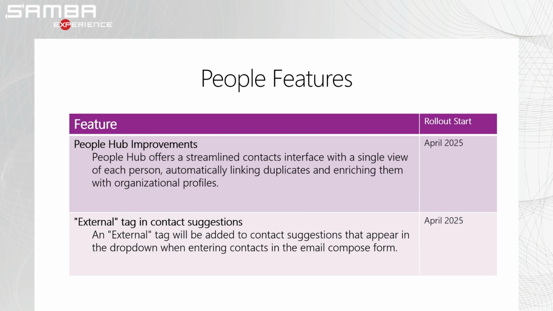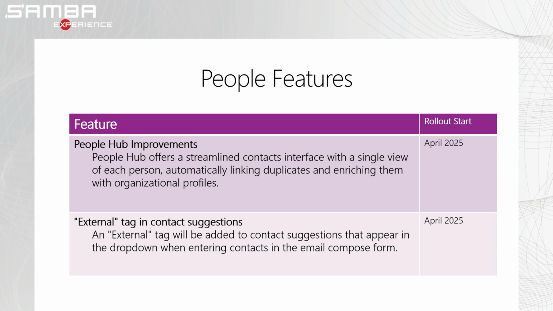Our roadmap has two features in the people space that I want to highlight. First is improvements to People Hub. They are rolling out in April right now, and there are multiple changes, improvements to interface and user experience there. So again, it is rolling out now.